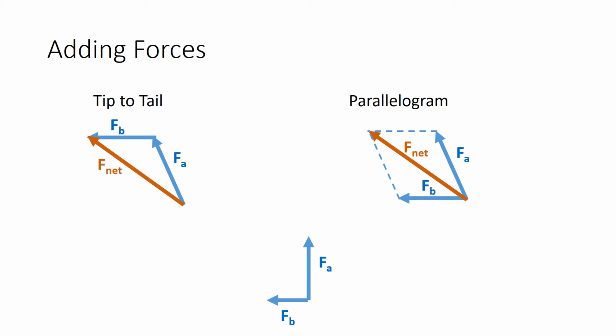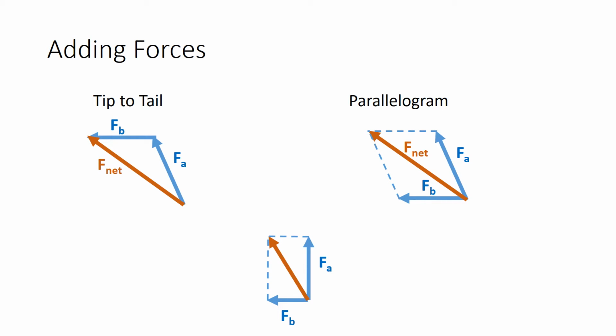Now, actually calculating this is a bit of a pain when they're at angles. Luckily, most of the forces that we draw are at right angles, and when they're at right angles, like the ones we saw in our previous example, adding them becomes really easy. I'll do the parallelogram method here real fast.